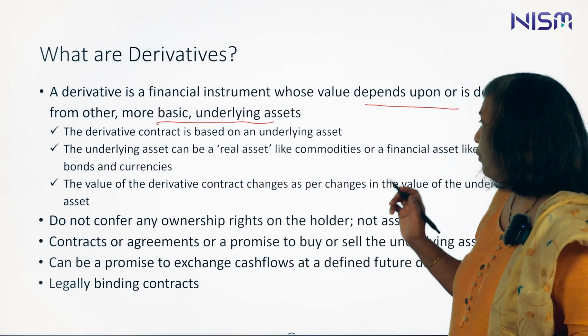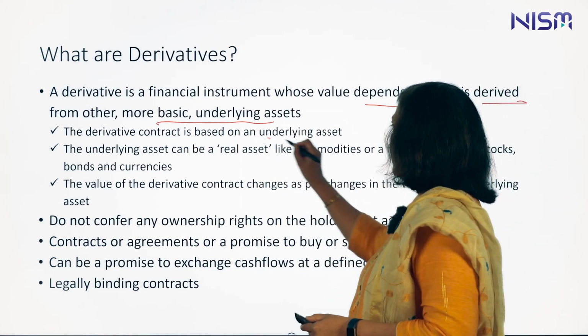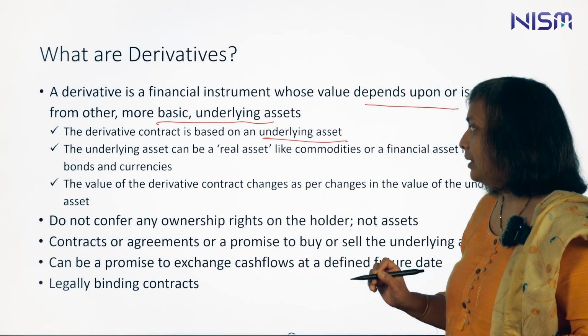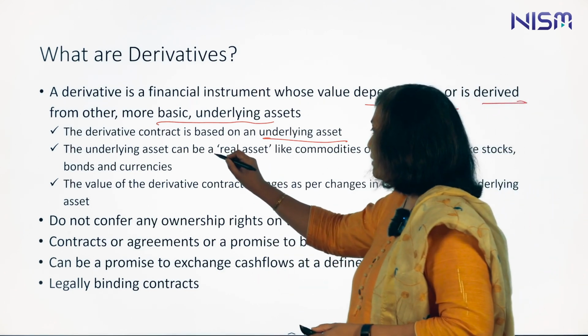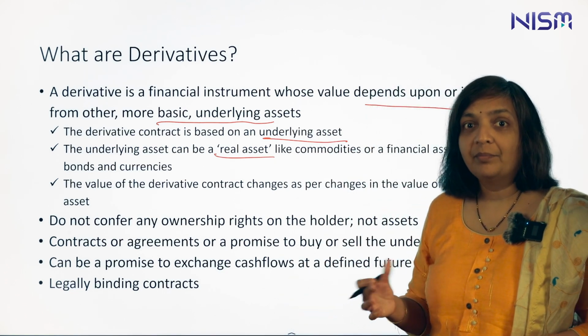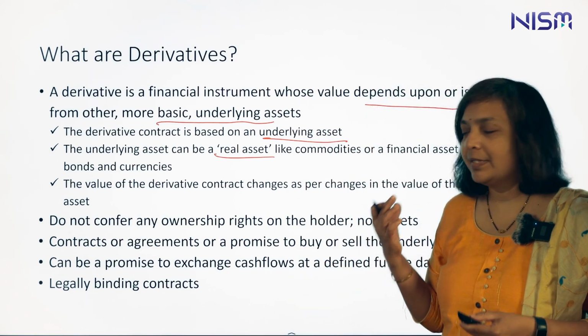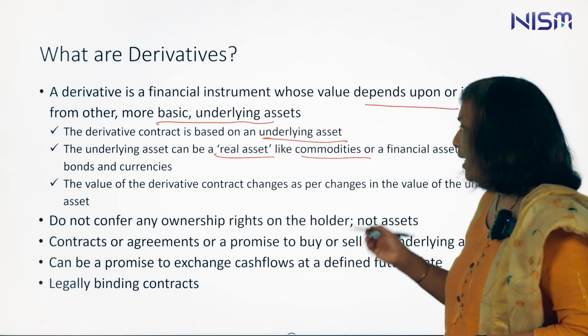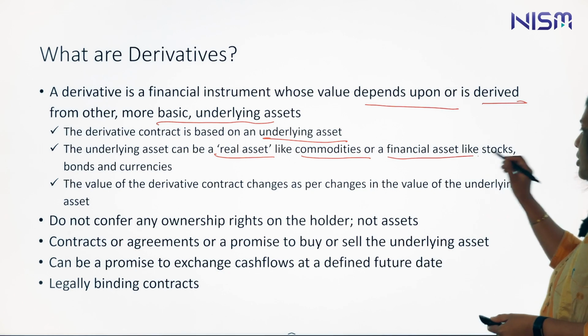Okay. Now, what is this underlying asset? Every derivative contract is based on the value of some underlying asset. This underlying asset can either be a real asset. What do you mean by a real asset? A physical asset. Okay, something which you can touch, which you can see. Real assets like commodities, or the underlying asset can also be a financial asset.